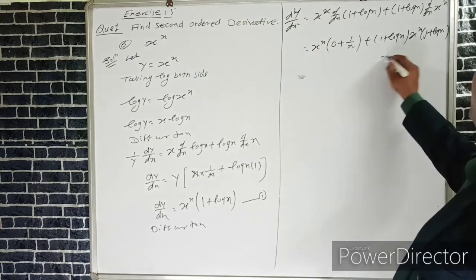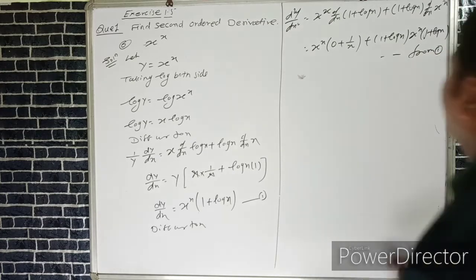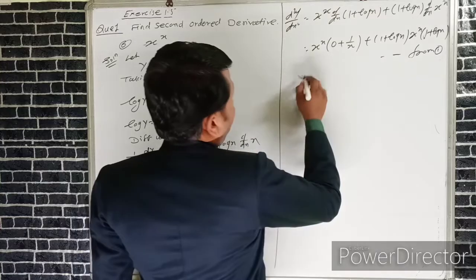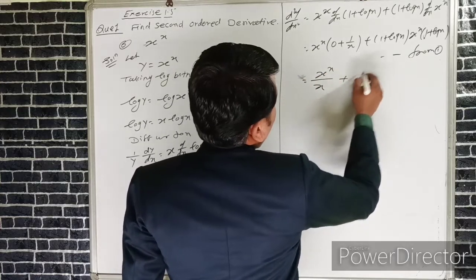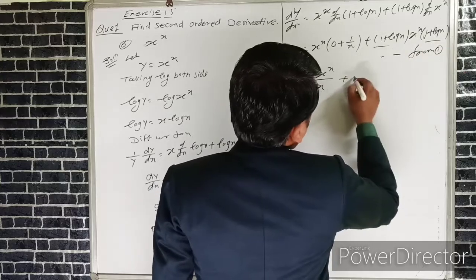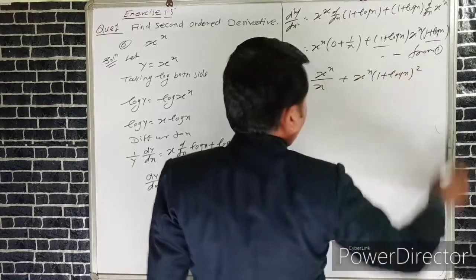So we can write it from equation 1. Here x raised to the power x upon x, plus 1 plus log x into 1 plus log x, which is x raised to the power x into 1 plus log of x whole bracket square.